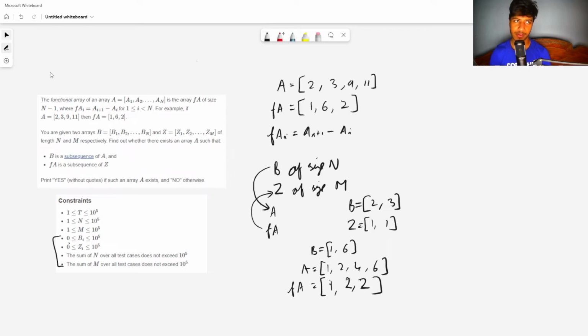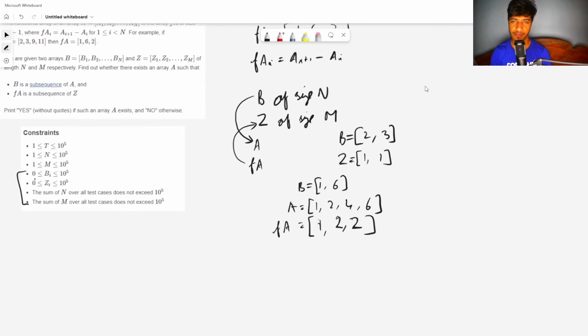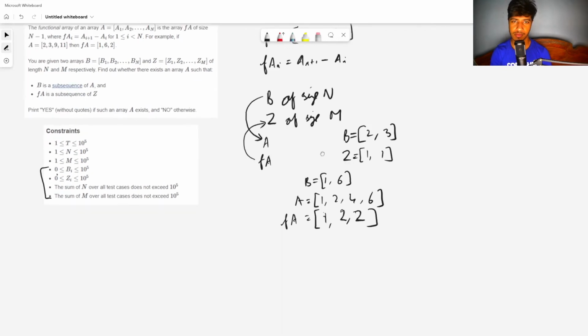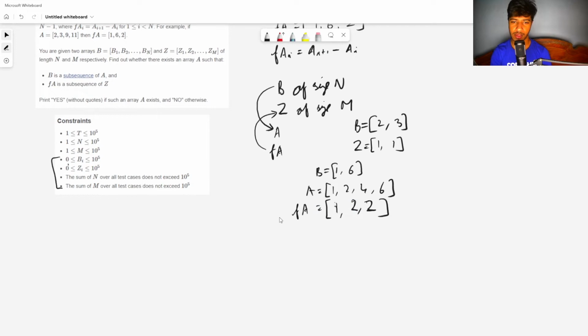Why is this happening? Why is the sum of all the elements here equal to the difference of the two elements in B? So think about it, okay?